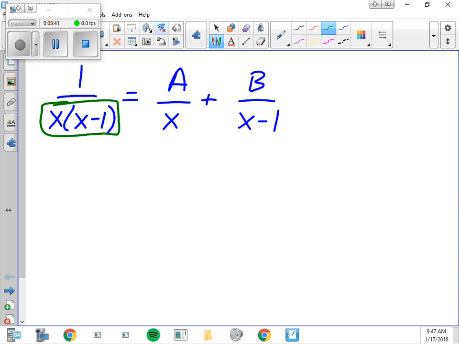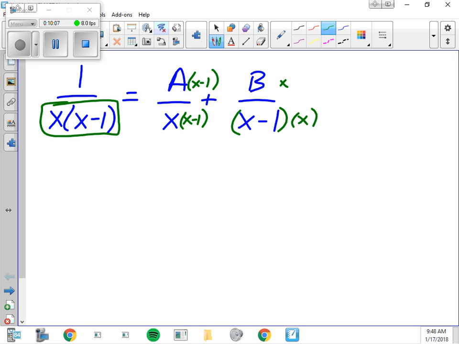So on the right side, what does the first fraction need in order to have a common denominator? This needs an x minus 1. Can I just multiply the bottom of a fraction by x minus 1? No, I have to do it to the top also. So this is x minus 1. And the second one would be x and x.